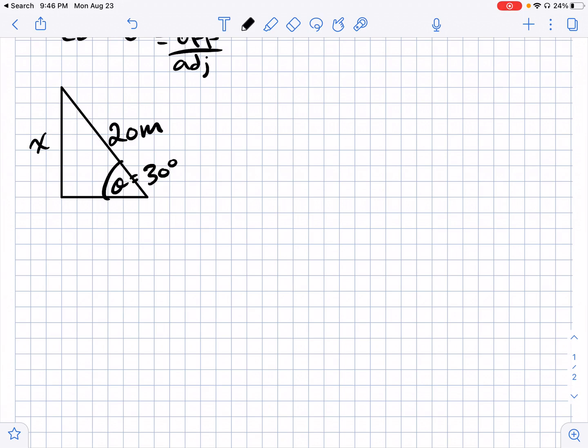And so for this problem, here's the right angle. We know the hypotenuse, we know an angle, and we're looking for the opposite side, right? It's opposite that 30-degree angle. So we need a trig function that involves opposite and hypotenuse.